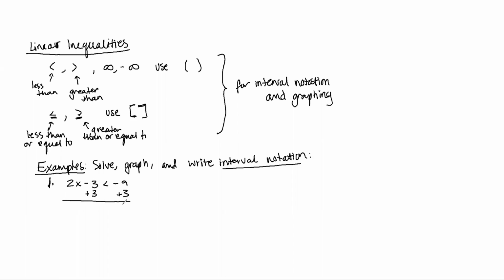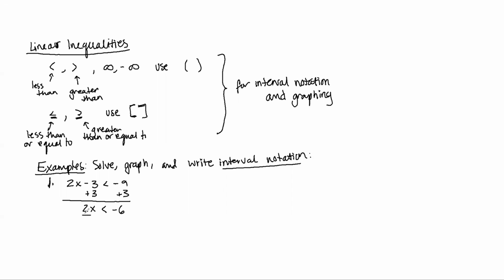And if you remember, there's only one little difference between solving an equation and solving a linear inequality. The difference comes when we are dividing or multiplying by a negative, which we haven't done yet. We've only added a 3. So we're going to keep everything the same. We get 2x is less than -6.